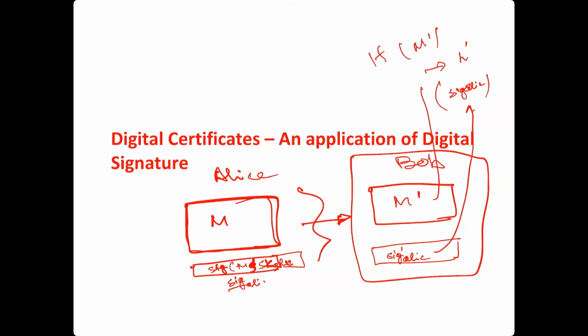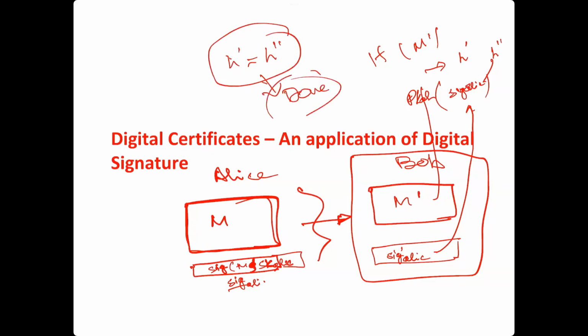So he decrypts using Alice's public key, PK Alice, and gets something, say H double dash. If H dash and H double dash are the same, then it's done. It means that the document is genuine and is signed by Alice.